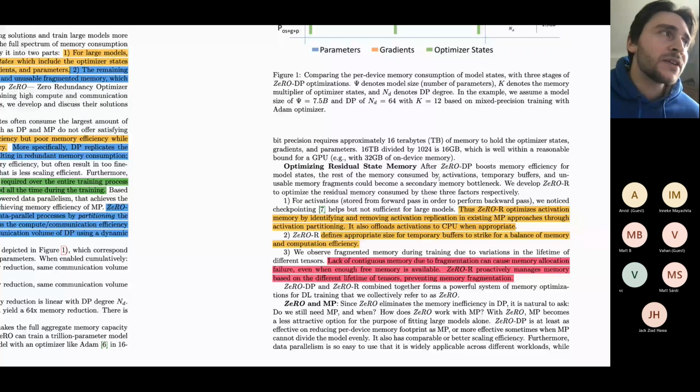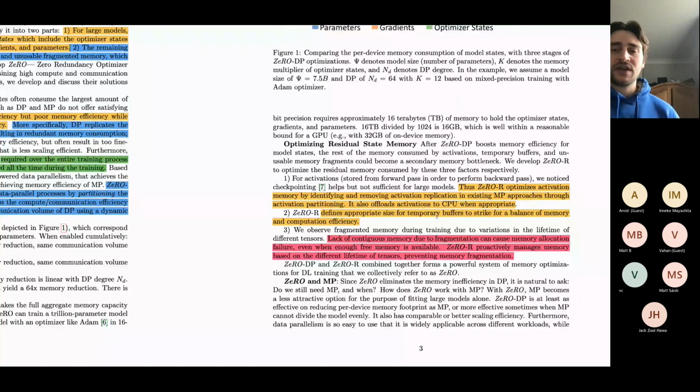They say ZeRO optimizes activation memory by identifying and removing activation replication in existing model parallel approaches through activation partitioning. It offloads activations. Okay. So what they do is they partition the activations again between the different nodes, and that saves memory because you don't have to have all the activations on all the different GPUs.